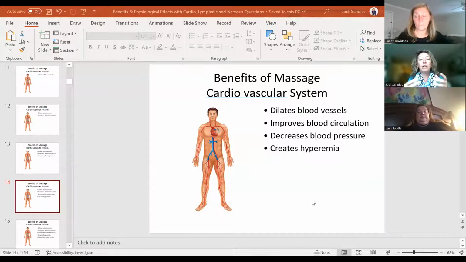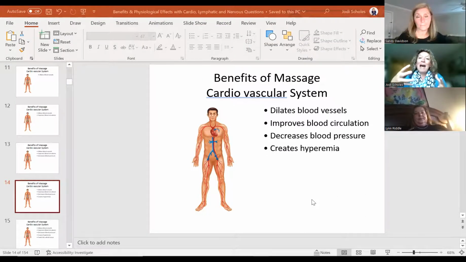You're bringing new blood. You're softening the tissue much like a piece of clay. Like a cold piece of clay, you're warming up that piece of clay, you're warming up that tissue, and now new blood is flowing in. Fresh blood is flowing in. There's more capacity there for that blood to flow in.